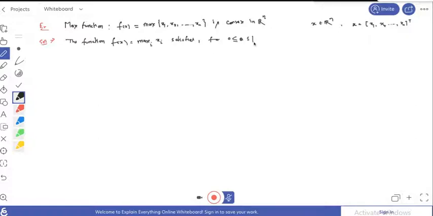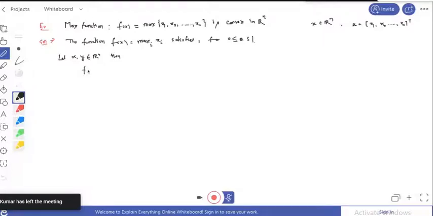Okay, so if we take any two points x and y that belong to Rn, then what about the convex combination of these? The combination means theta x plus (1 minus theta) y.